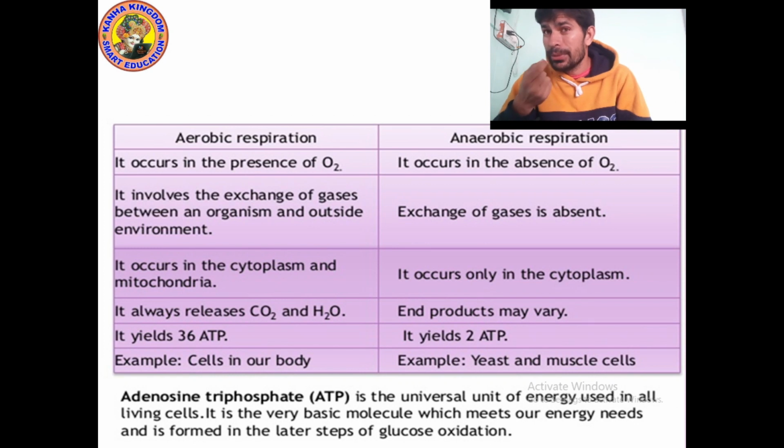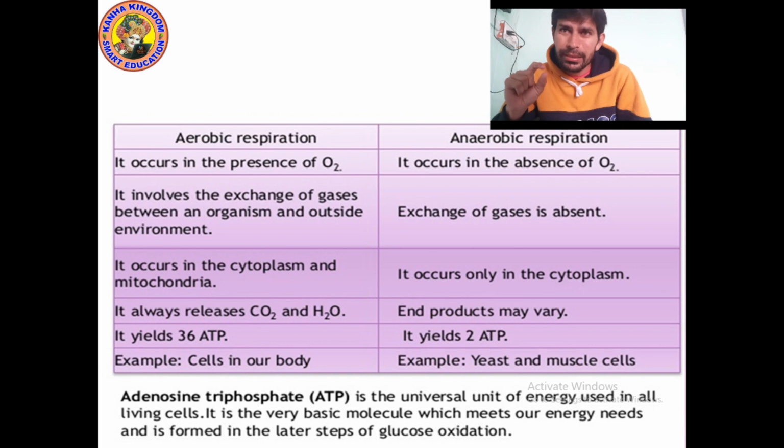During aerobic respiration, CO2 and H2O are produced. But in anaerobic respiration, the end product may vary, like acetic acid or alcohol. During aerobic respiration, 36 ATP is produced.